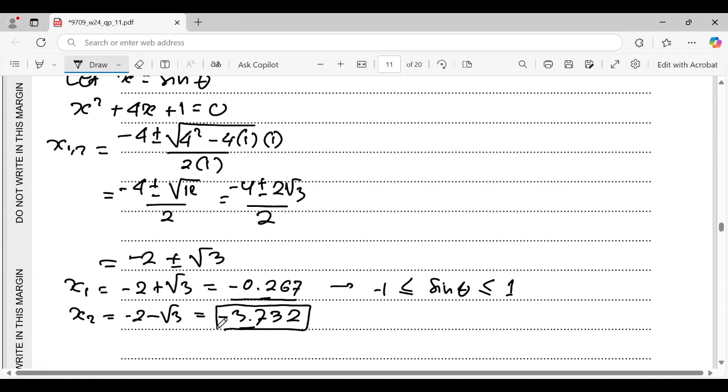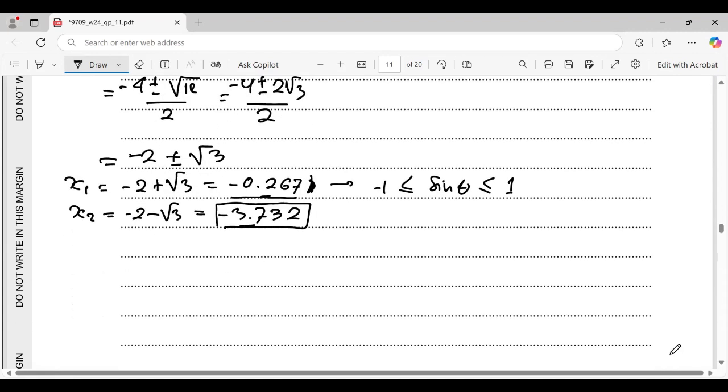So it is impossible, the value of sine cannot be less than -1. So we accept this solution, minus 0.267. Okay, so we can state that sine theta equals minus 0.267. So let's define theta.